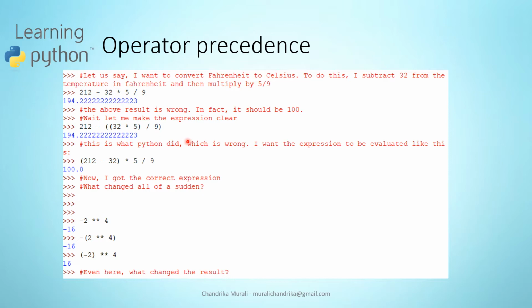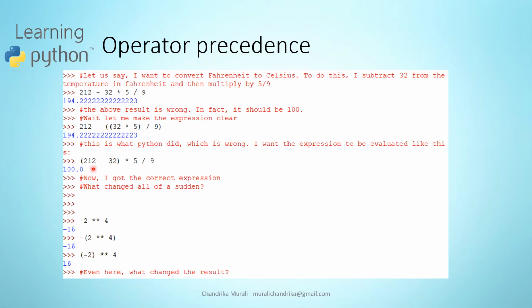So now I have to tell Python clearly that I want the value of the Fahrenheit to be subtracted by 32, then multiplied by 5 by 9. Now when I'm giving the expression like this, I'm getting the correct answer. What has changed?